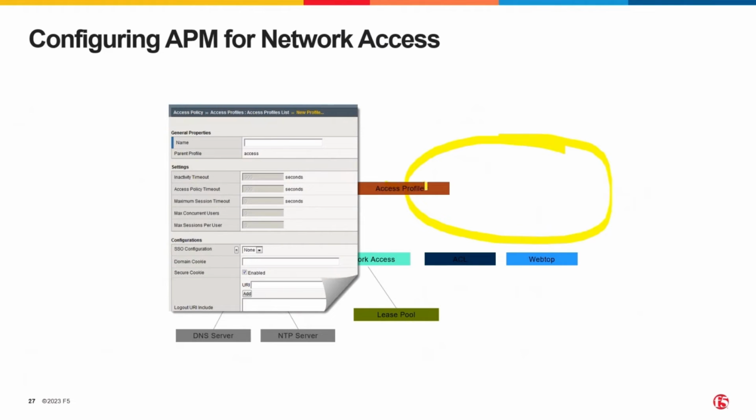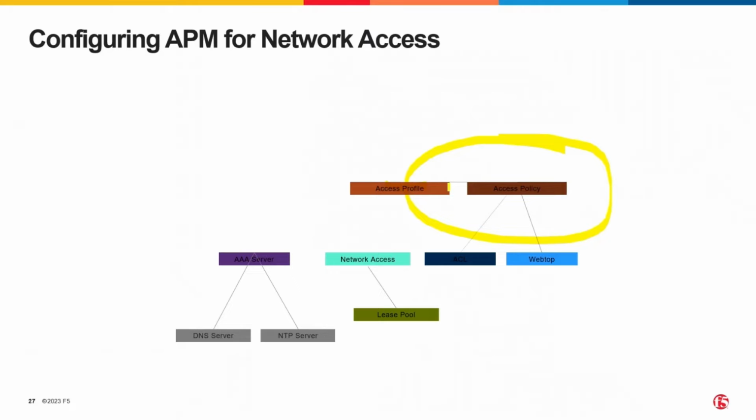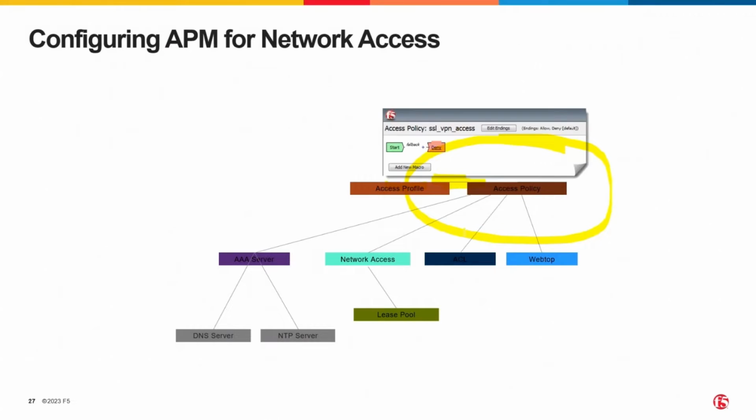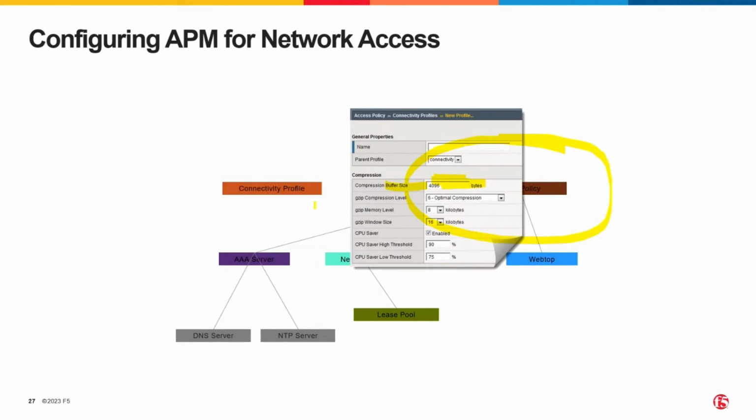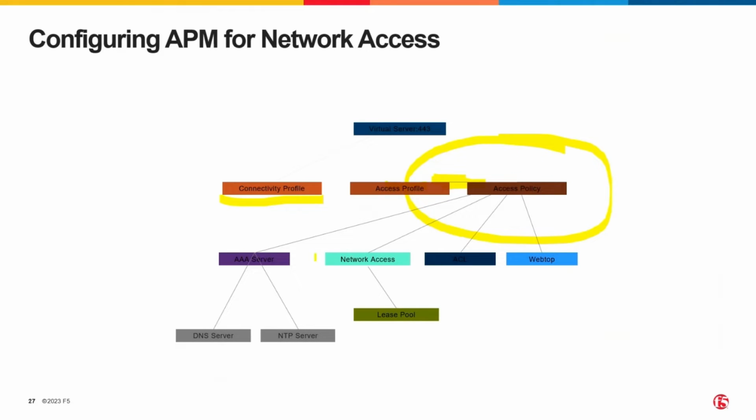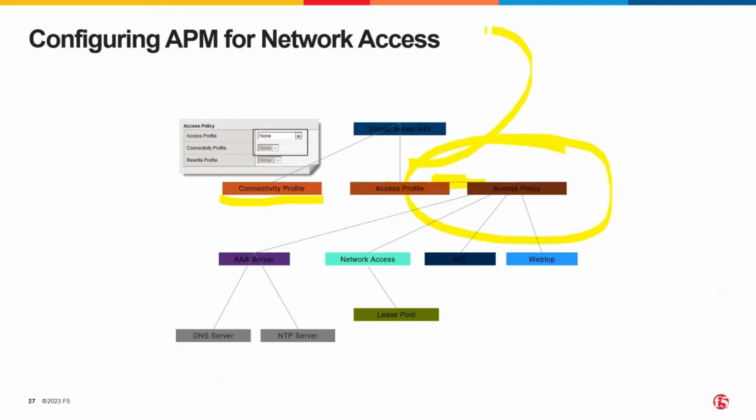Yeah, and access profile, and then access policy with this one-to-one relationship, of course. And at the end, I will have some kind of connectivity profiles, how the communication between client and backend and F5, sorry, is handled, how we want to optimize that traffic, how we want to compress that traffic. So plenty of different options, plenty of different objects that should be assigned to the virtual server.